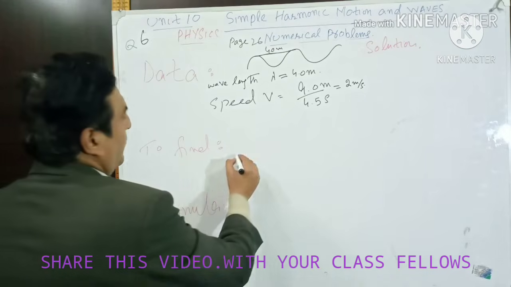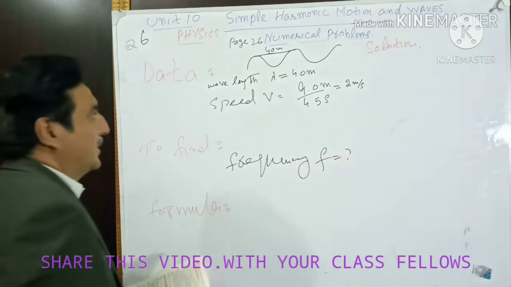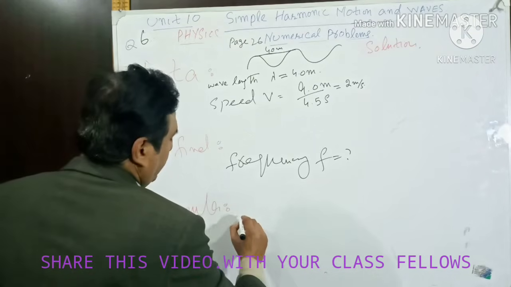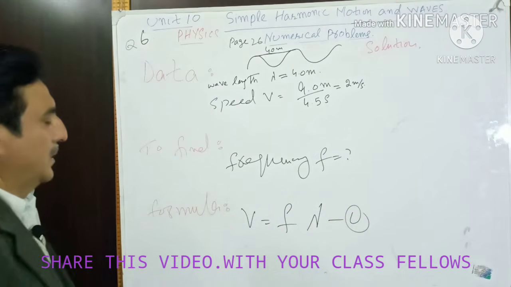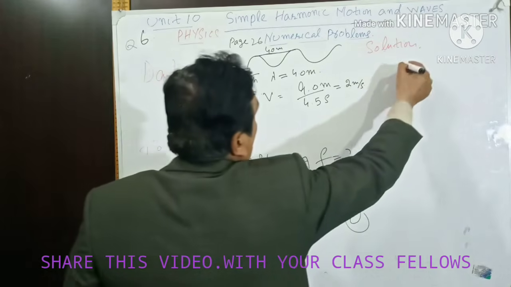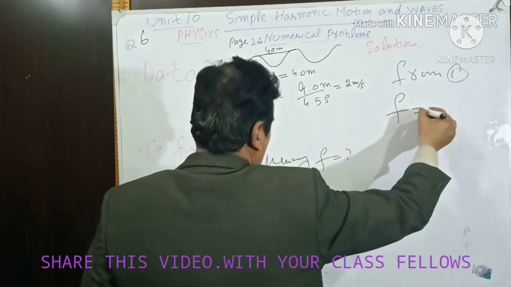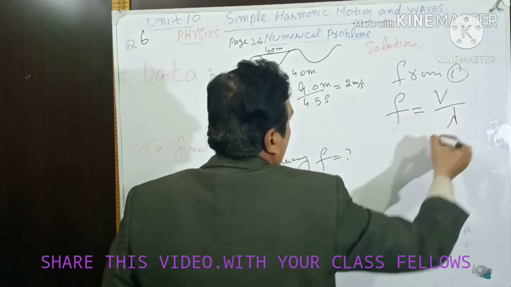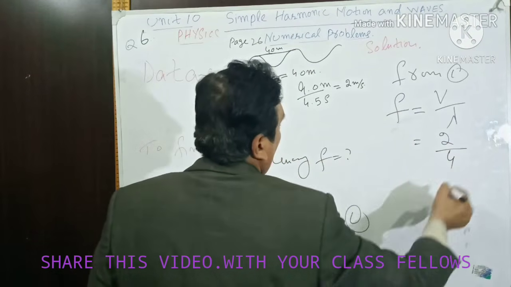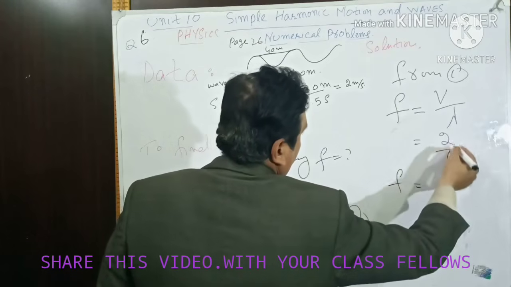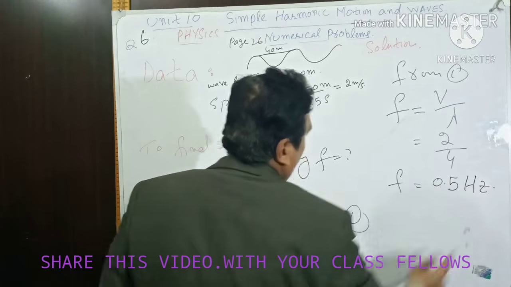What is the frequency? We have to find frequency f. For this also we use the same formula we used previously, v is equal to f lambda. Solution from equation 1, frequency is equal to v by lambda. v is 2 and lambda is 4. 0.5 hertz.